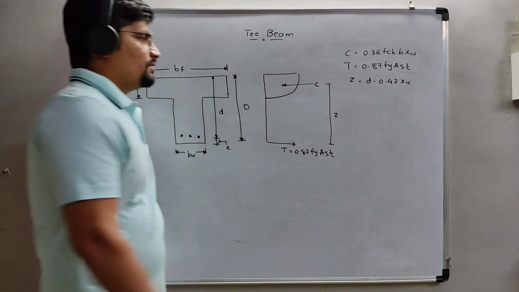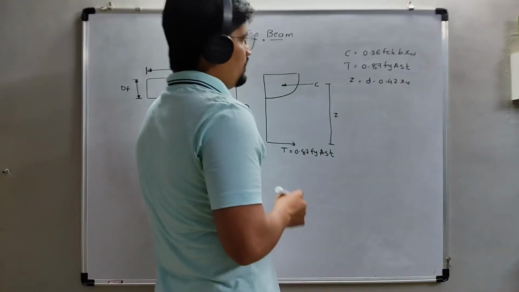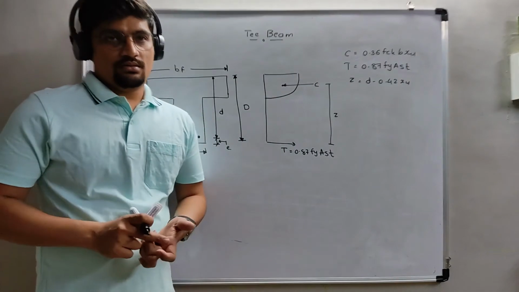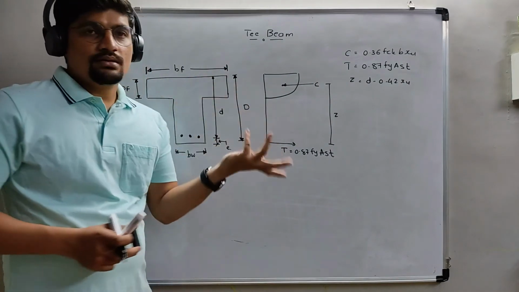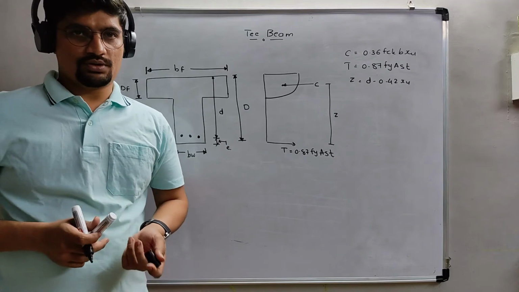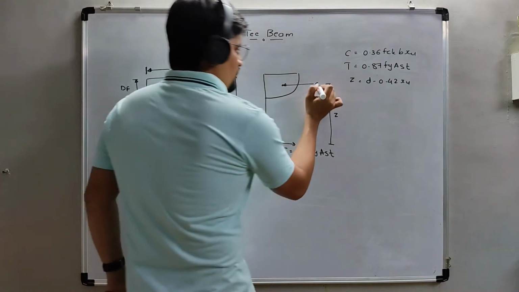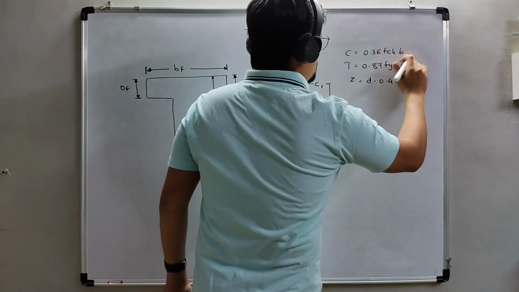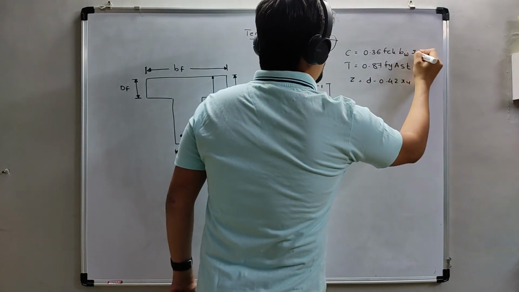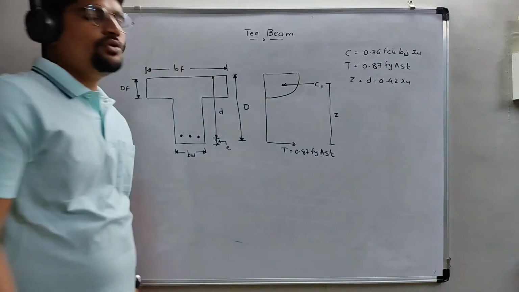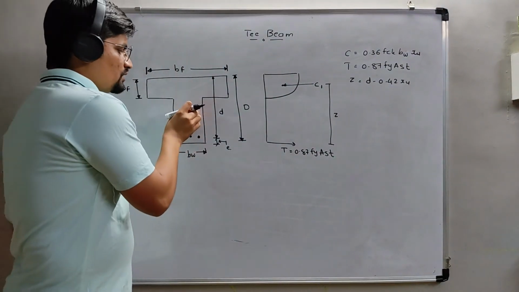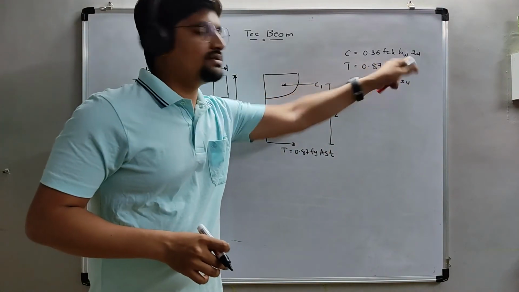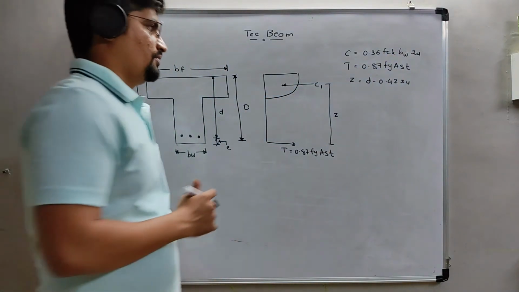Okay, so now which additional force will occur while providing the flange portion. So the C1 will be 0.36 fck bw xu. bw means it is due to the web portion of the beam. That's why we are considering the width here as bw.